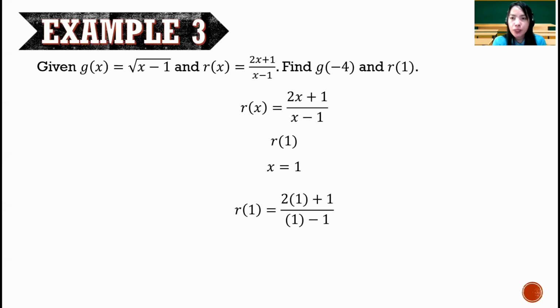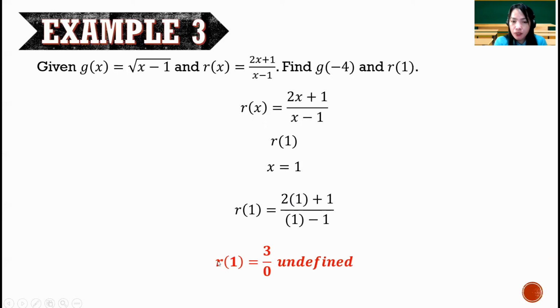From here, we're going to replace all the x variables in the function with 1. So that will be r of 1 equals 2 times 1 plus 1 all over 1 minus 1. In the numerator, 2 times 1 is 2 plus 1, we have 3, and 1 minus 1 is 0. This will become undefined.